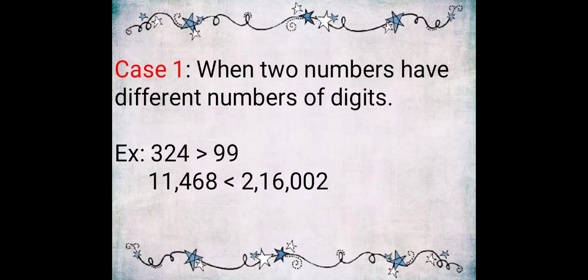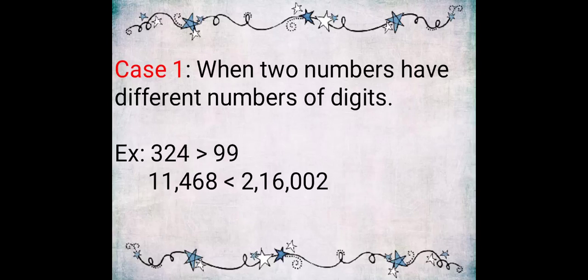Here comes my first case, that is when two numbers have different number of digits. Hope so in this case you yourself easily can find out which is the greatest and which is the smallest number.